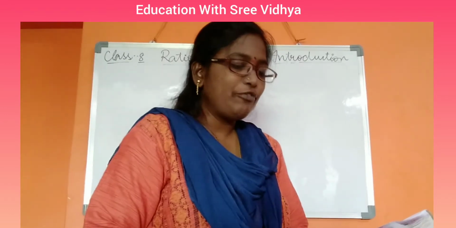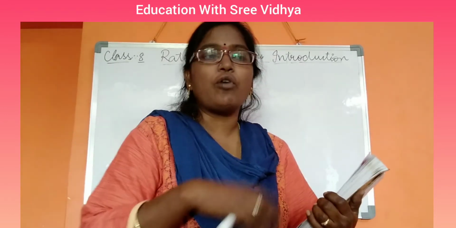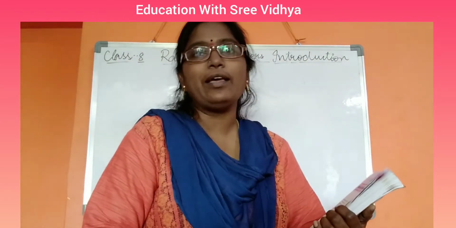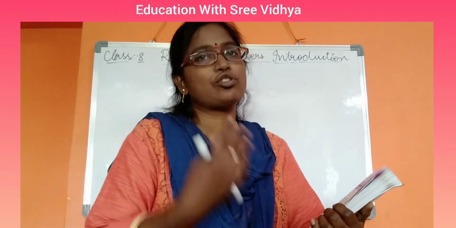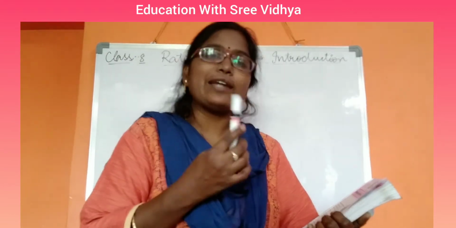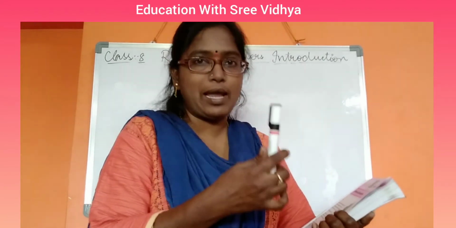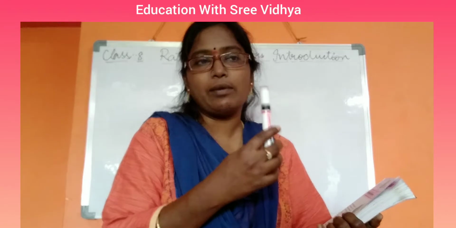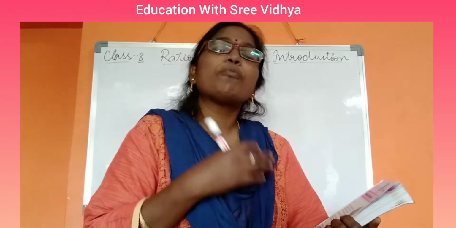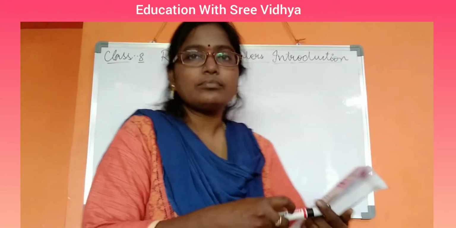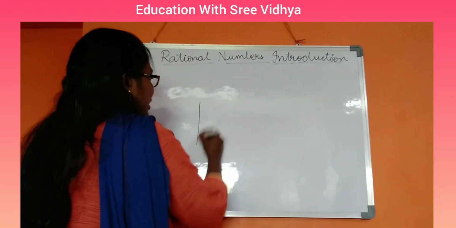Suppose among all you friends did shopping and you went to a shop and you liked one marker, so you want to purchase a pack of it, one packet of markers.